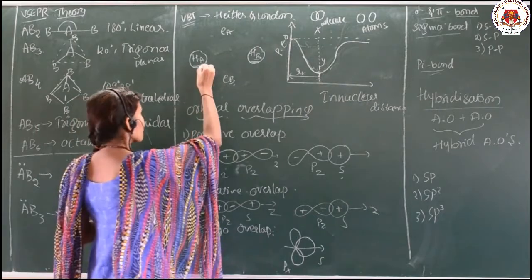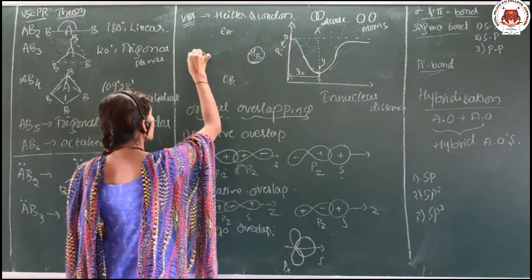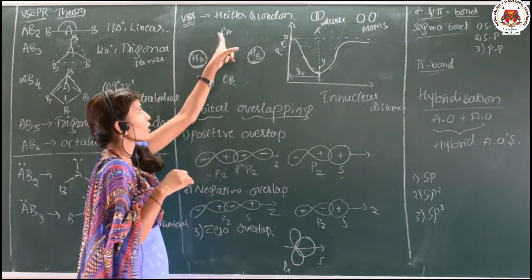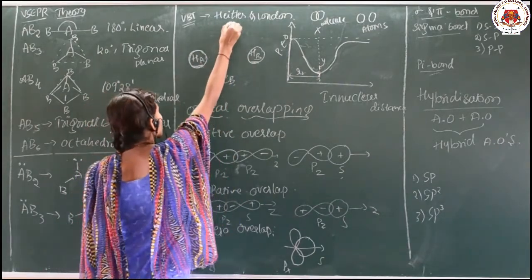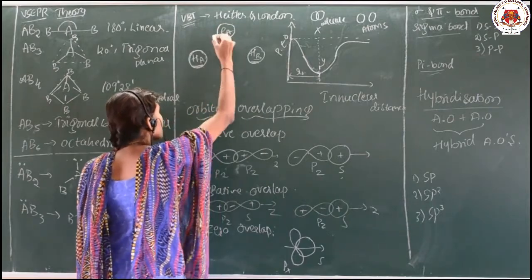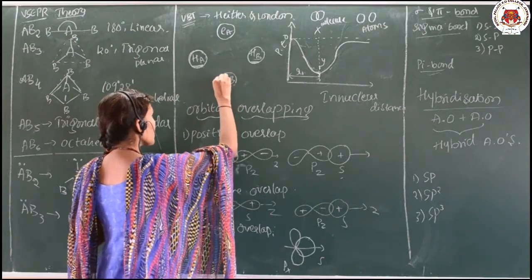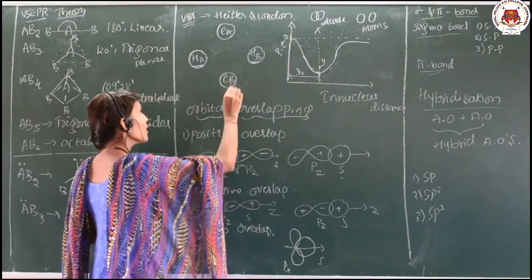Okay. Suppose this is the HA atom, which has its electron EA, and then one more atom HB is there, HB having its electron EB.